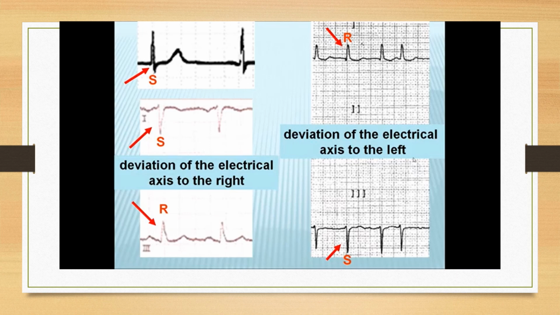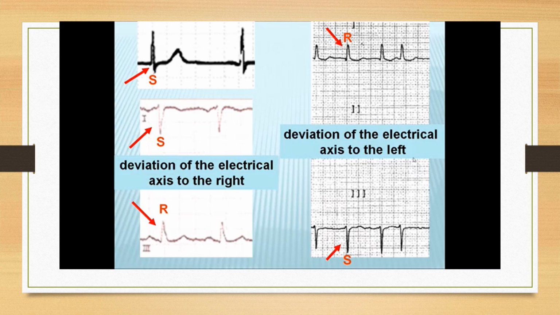So for electrical axis deviation to the right we have S1R3, and it is also the indication for hypertrophy of the right ventricle.